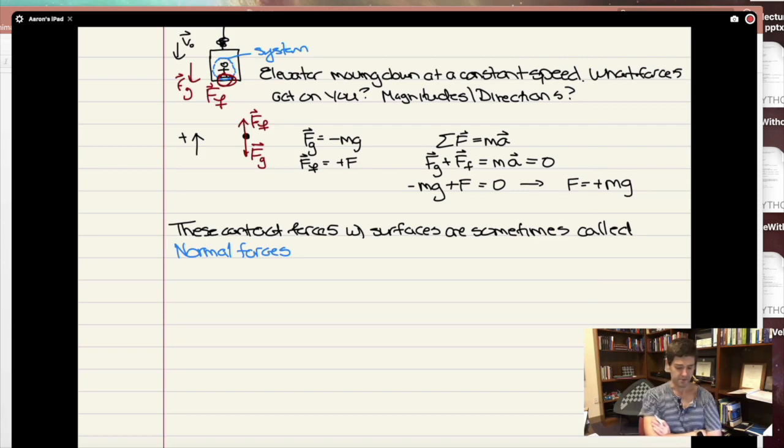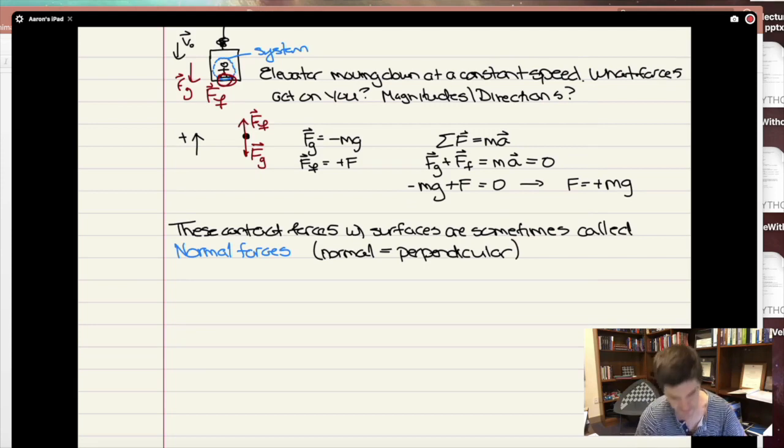And you might think, as opposed to abnormal forces, peculiar forces. No, normal is just a fancy mathematical word for perpendicular. So normal is just a way to say perpendicular, in that this is a force that points perpendicular to the surface.